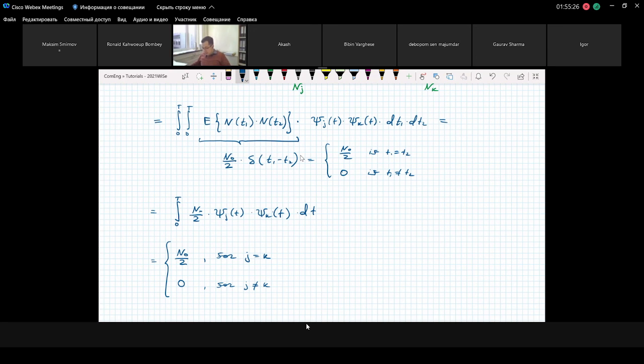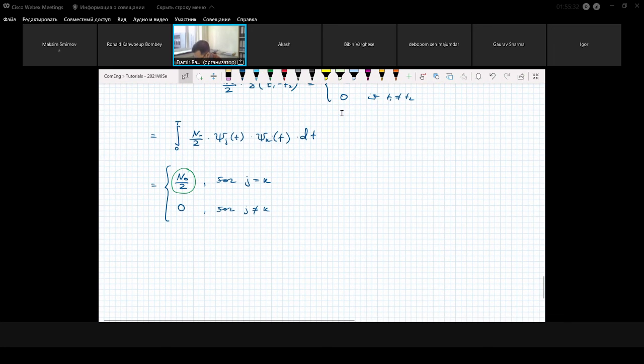And now we get an interesting result. What does it give? It gives you the power of noise, which corresponds to the variance of noise. So if you know the input power spectral density and you use a correlator receiver, you can find what the variance of noise will be after processing.